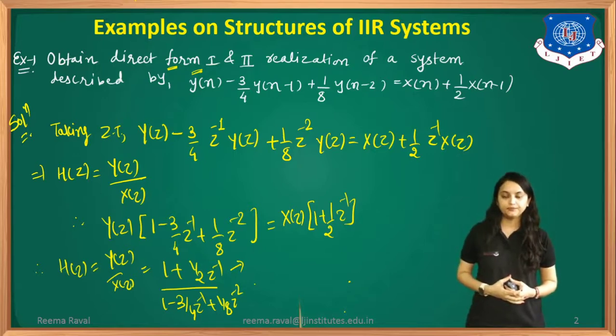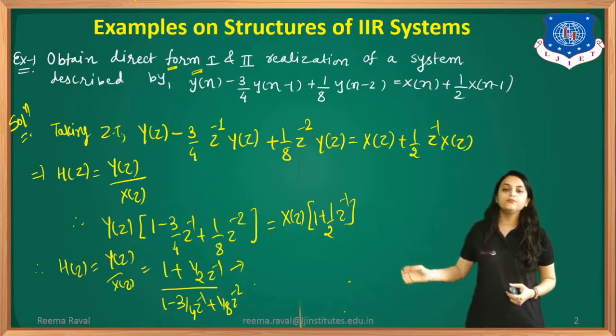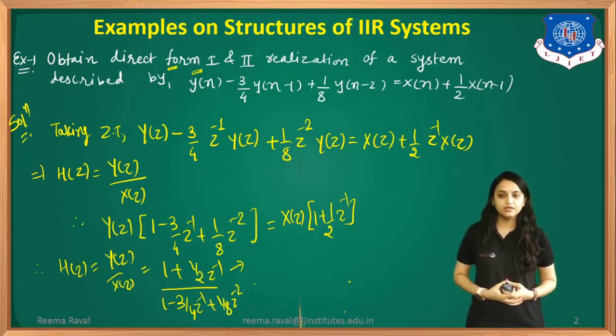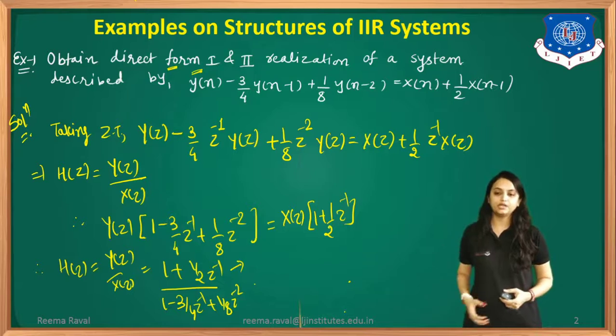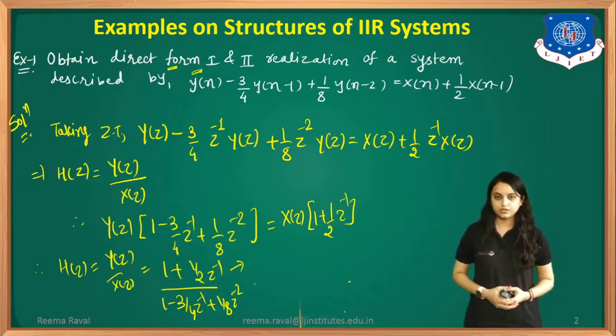Then we have y of z into 1 minus 3 by 4 z inverse plus 1 by 8 z raised to minus 2, equals x of z into 1 plus 1 by 2 z inverse. So H of z equals 1 plus 1 by 2 z inverse divided by 1 minus 3 by 4 z inverse plus 1 by 8 z raised to minus 2. So this is our system transfer function.